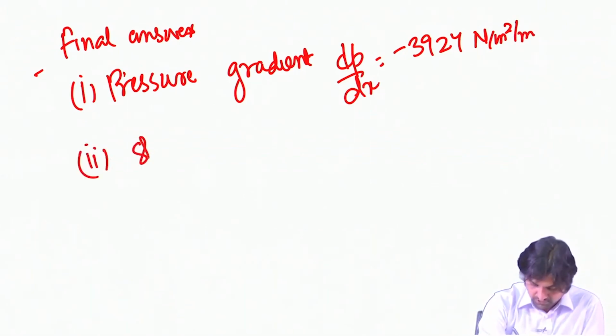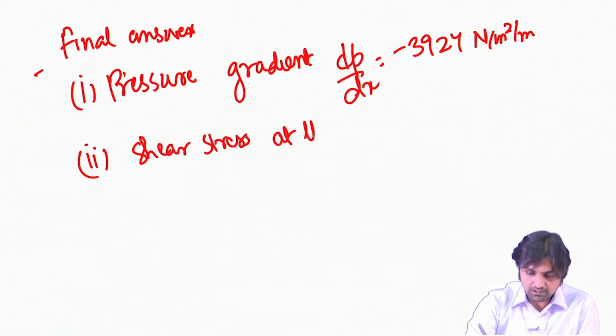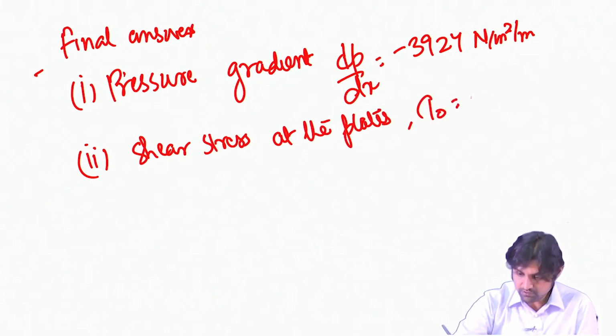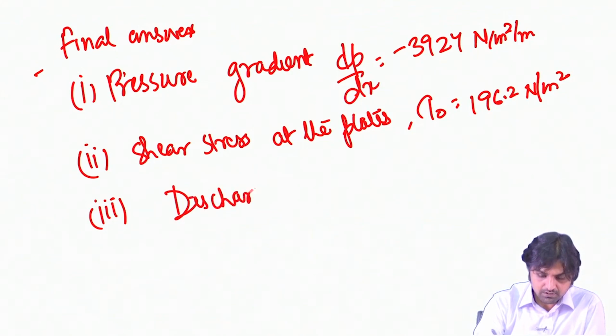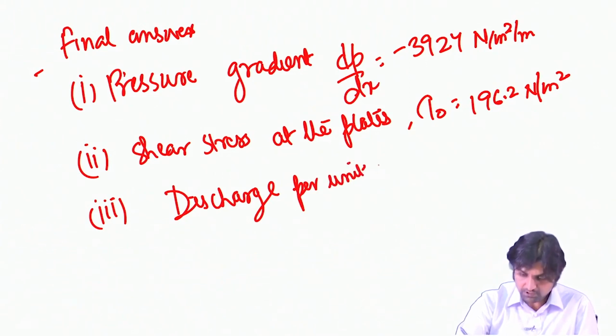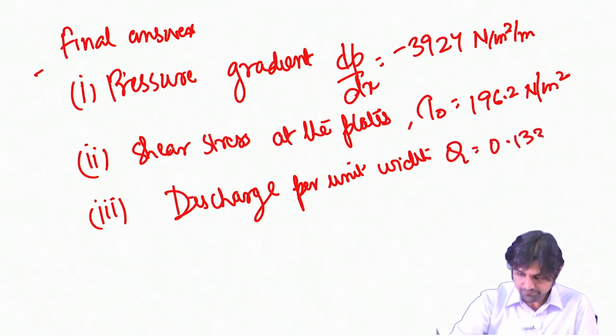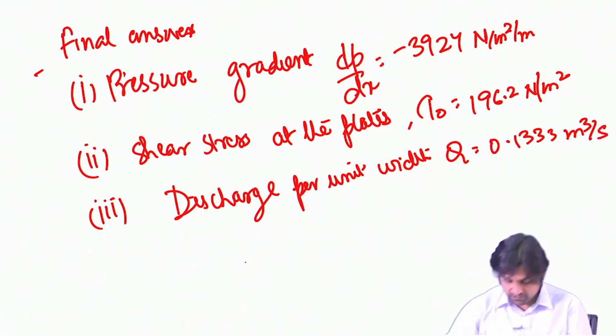Second one was shear stress at the plates, that is tau naught is equal to 196.2 Newton per meter square, and the third one was discharge per unit width Q, 0.133 meter cube per second. So, these are the final answers.